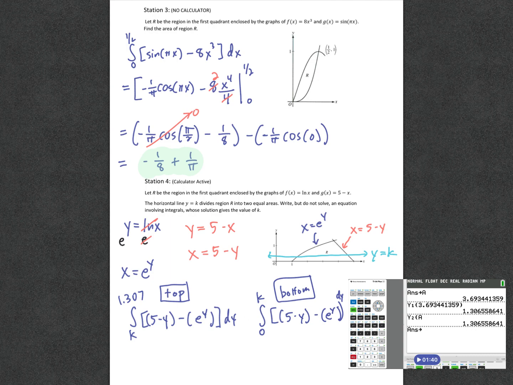So I messed that up. Okay, and that makes sense. This is the equation that, if you solve this equation, would give you that value of k that makes those two areas equal.